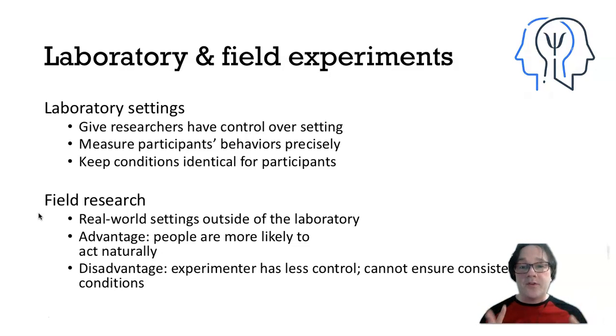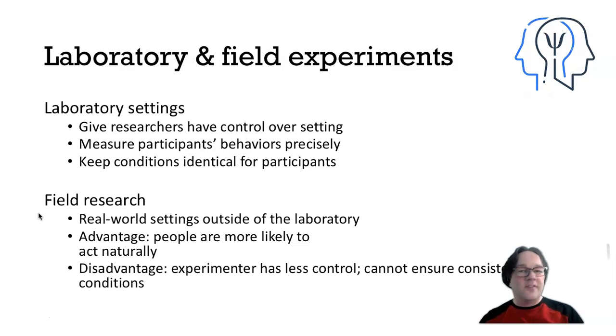Number one, a laboratory gives experimenters a ton of control over the setting. We get to even manipulate how much light participants are exposed to. We get to monitor the temperature. We get to keep a whole bunch of things constant. We basically get to take out a whole bunch of what we call extraneous variables.